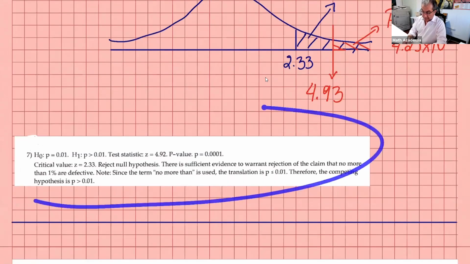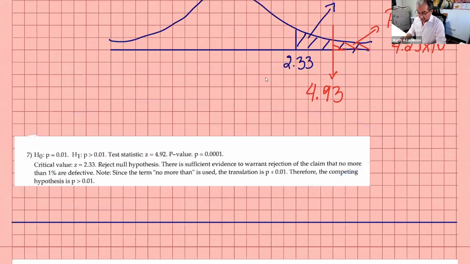Here is the solution provided to you. One thing I want you to notice with those solutions, they word the conclusion a little bit differently, but it says the same thing. Here it says there is sufficient evidence to warrant the rejection of the claim that no more than 1% are defective.